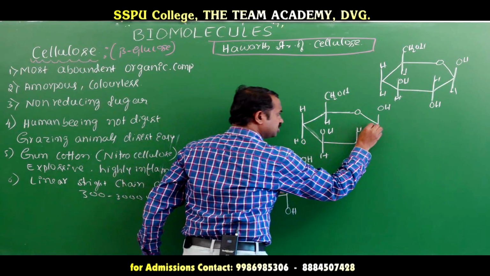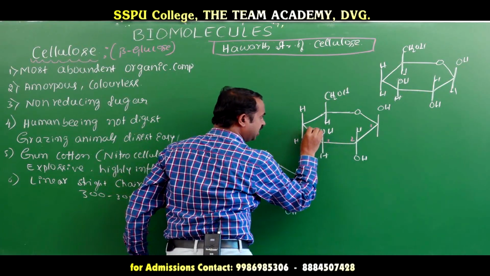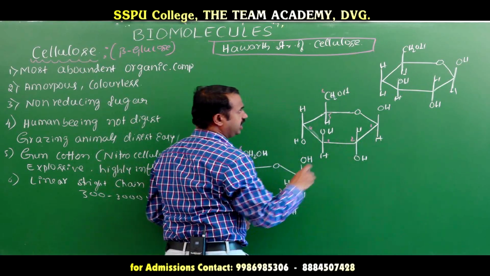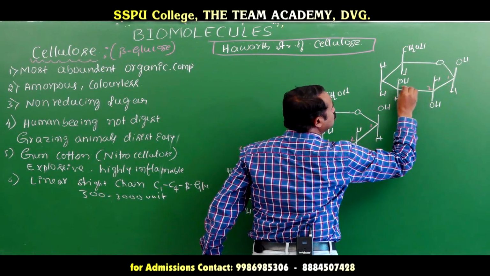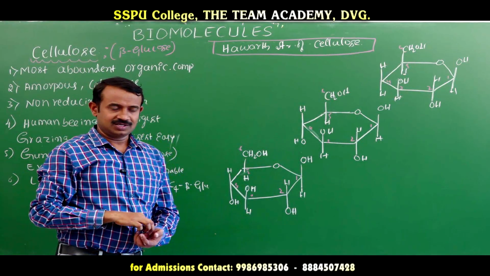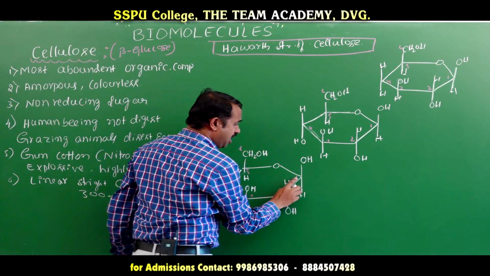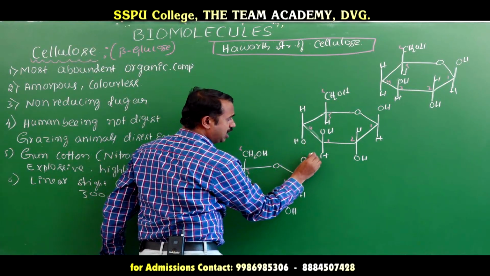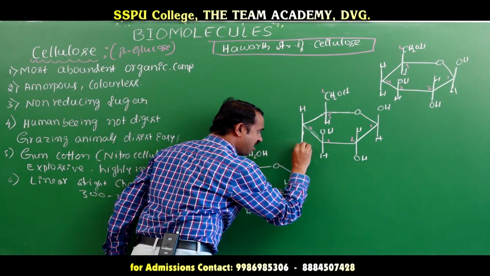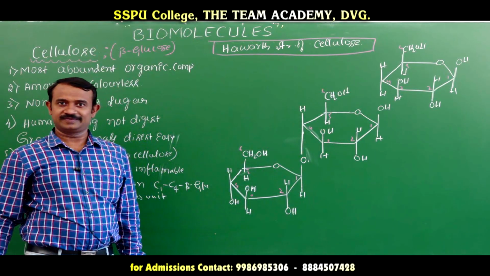Numbering also C1, 2, 3, 4, 5, 6. Okay, here also 1, 2, 3, 4, 5, 6. Inter-elimination of C1 carbon and C4 carbon, elimination of water molecules. This is the oxide linkage.